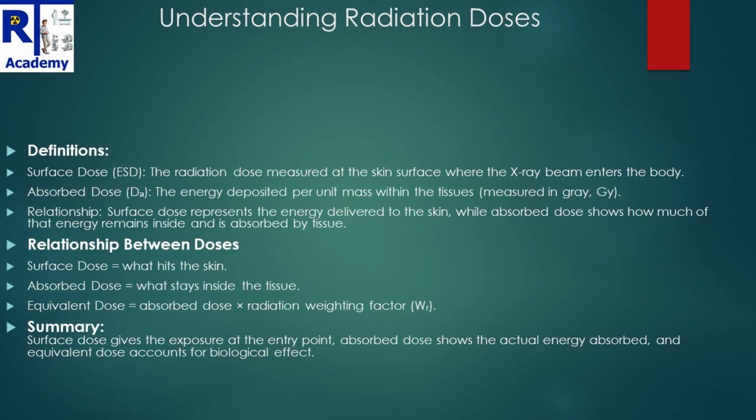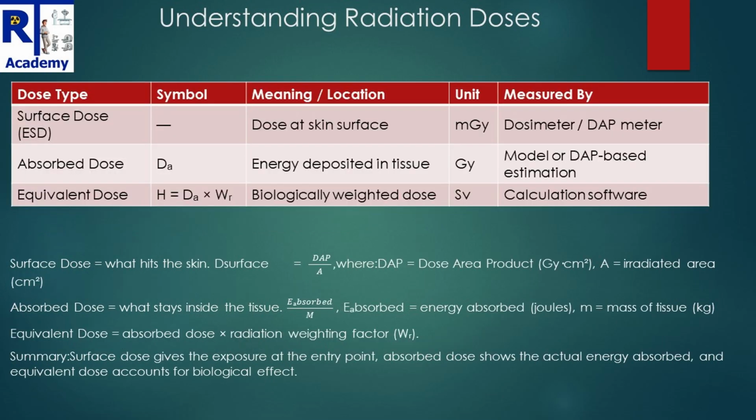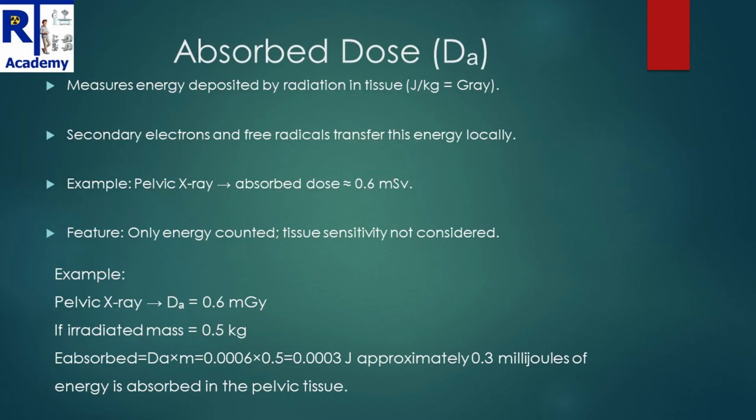Now that we understand how this energy initiates reactions and where it is deposited, dose becomes a more tangible concept. 1. Absorbed dose. Simple definition: energy deposited by radiation per unit mass of tissue.